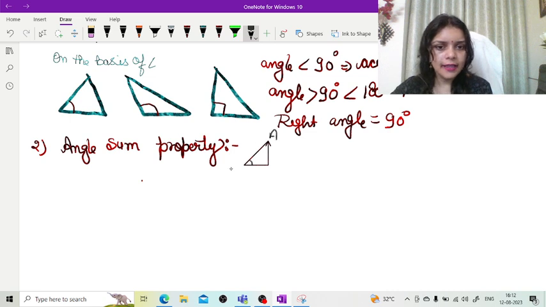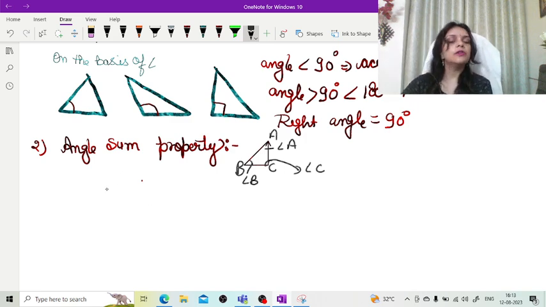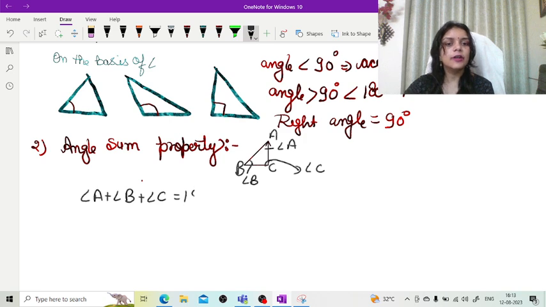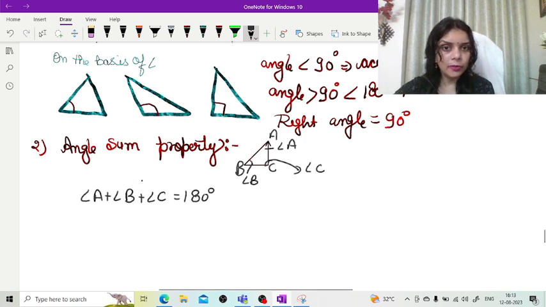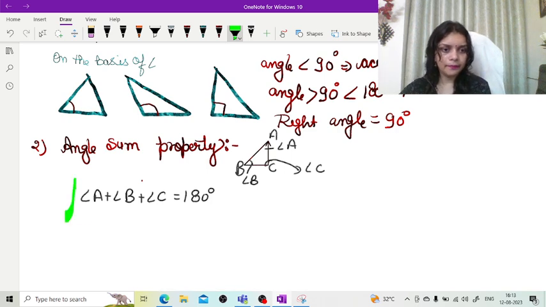Suppose this is A, this is B, and this is C. So this is angle A, this is angle B, and this angle is angle C. According to angle sum property, the sum of all the angles of a triangle is equal to 180. That means angle A plus angle B plus angle C is equal to 180. This is the angle sum property.